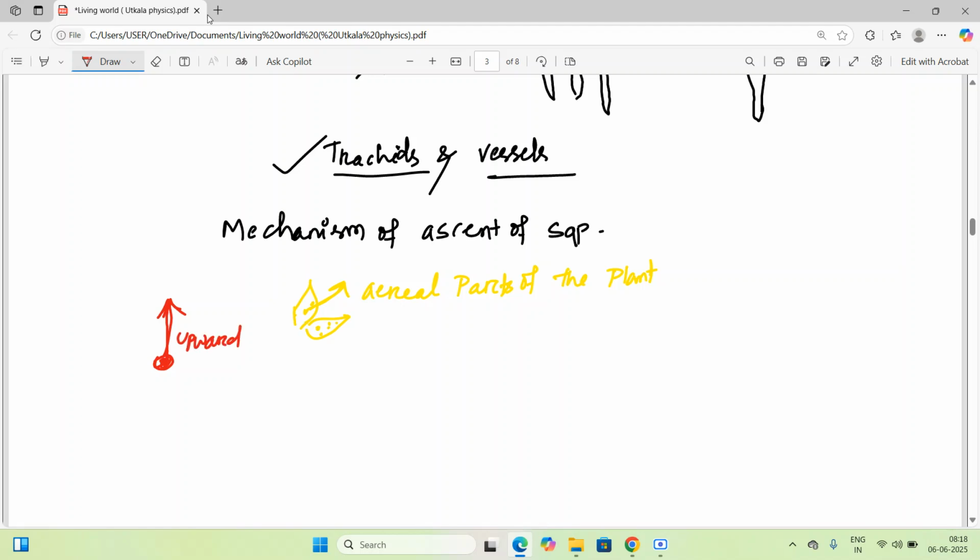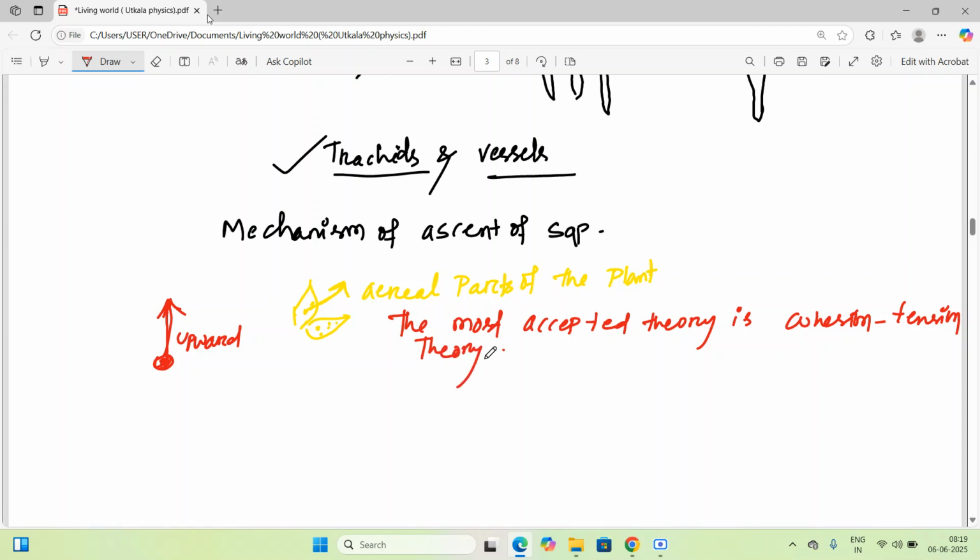The most accepted theory for the upward movement of water in the xylem is the cohesion tension theory.